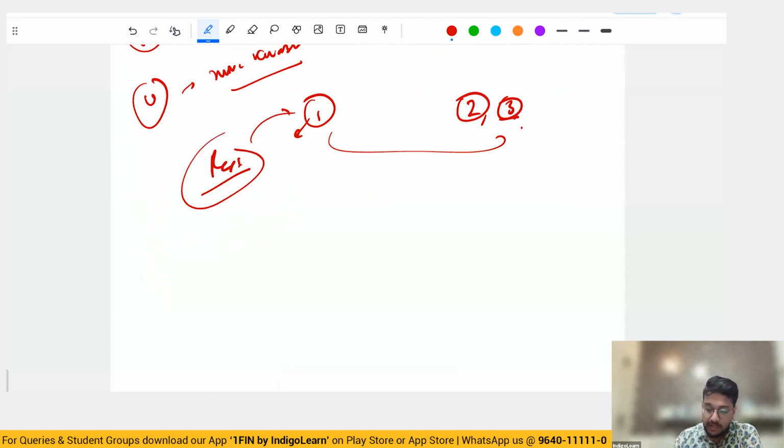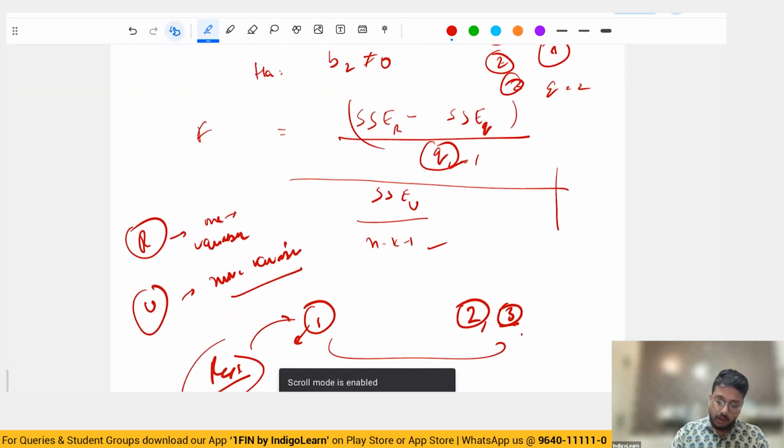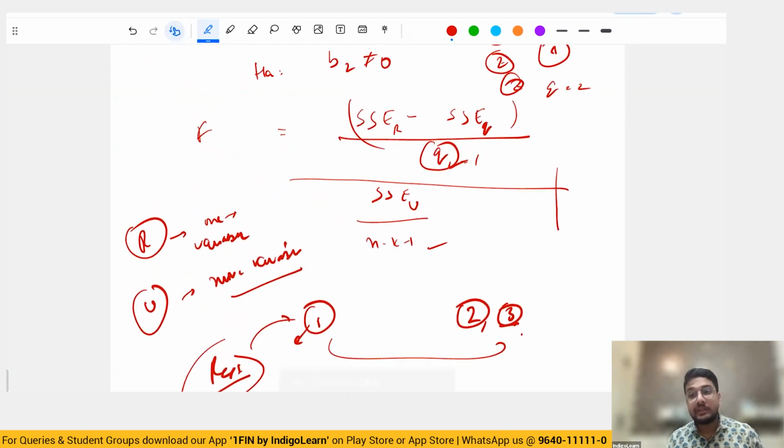If I'm using three variables, I have excluded two variables. So my Q shall be two. Jeremy, able to follow till now? Okay. So all I have to do is make this test statistic, arrive at the value, and then do a check on the same.